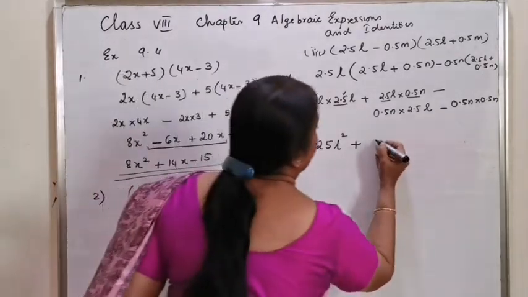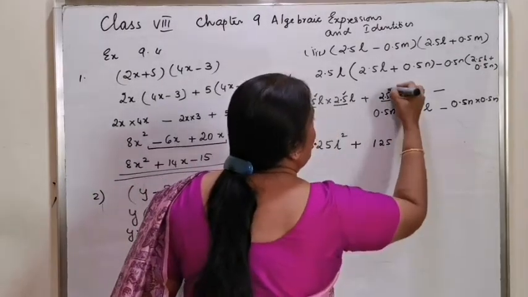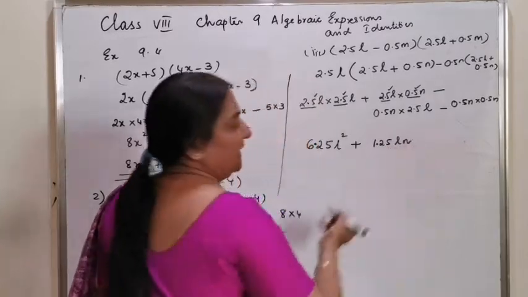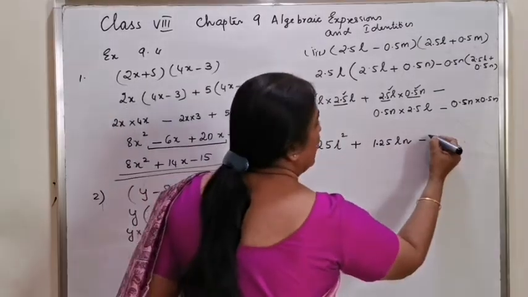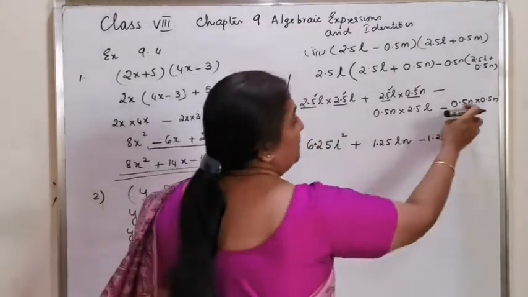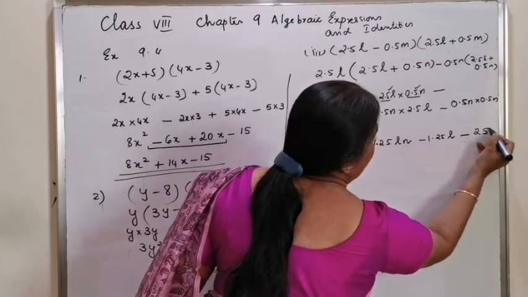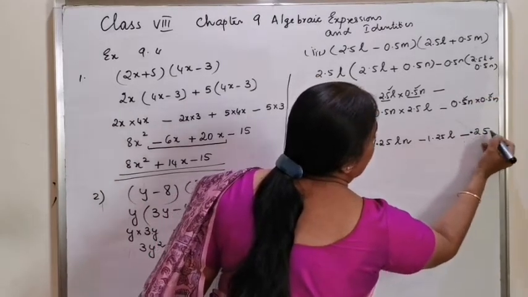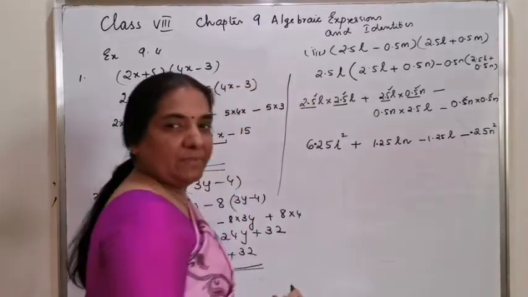It is 125. 1, 2. So 1, 2. 1.25 LN minus again 1.25 LN, minus 5 into 5 is 25. 1, 2 decimal place, it is N square.